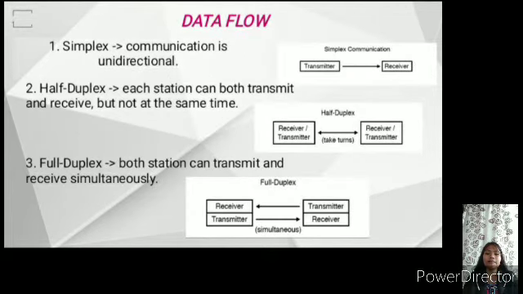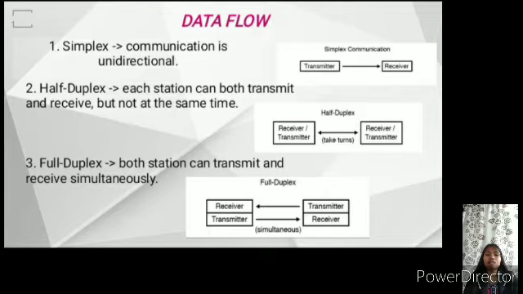In data flow, we have simplex. What is a simplex, guys? Simplex is a type of transmission mode where data can be sent only in one direction. Communication is unidirectional. We cannot send a message back to the sender.